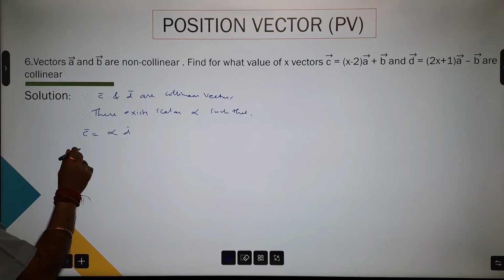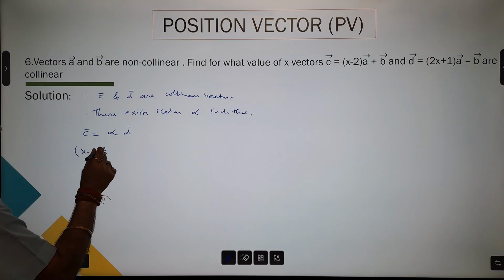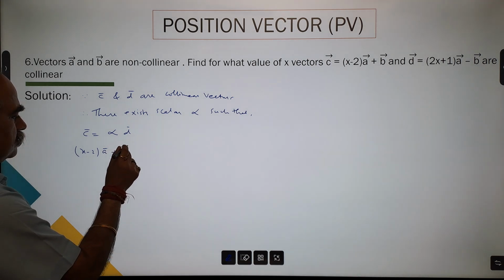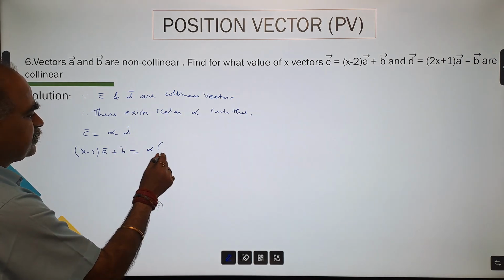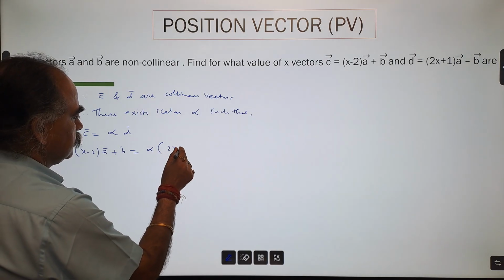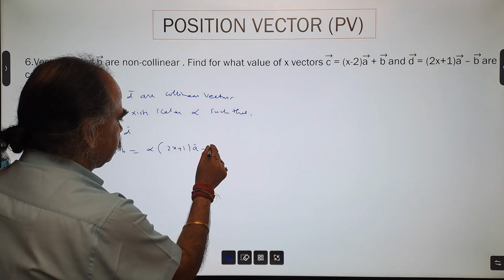C bar is what? X minus 2 a bar plus b bar. Alpha times d bar is what? 2x plus 1 a bar minus b bar.